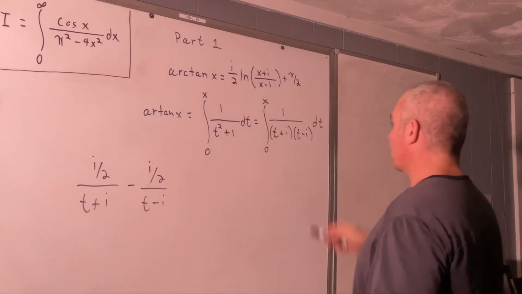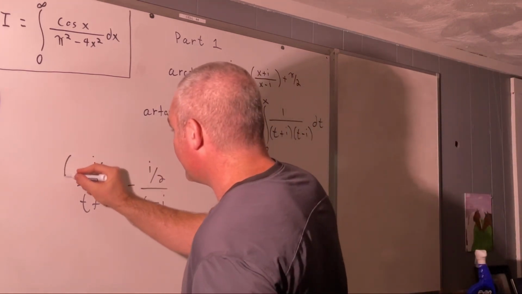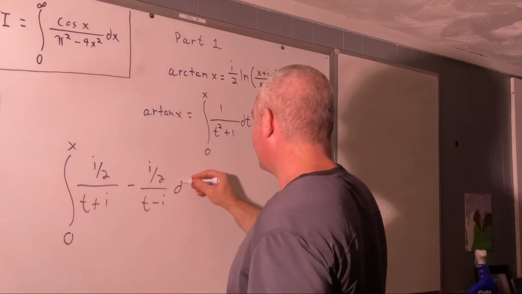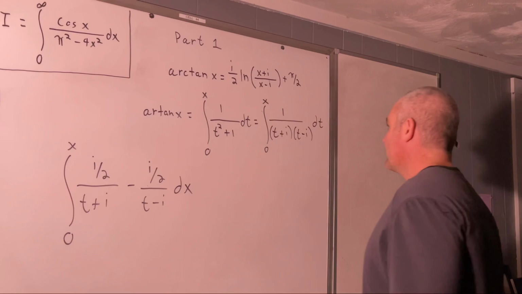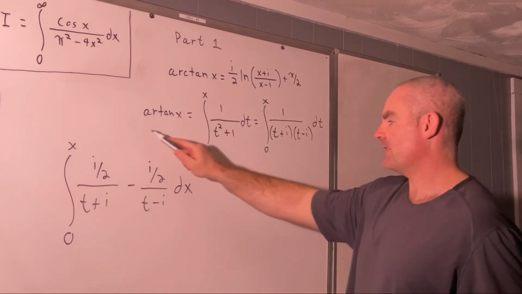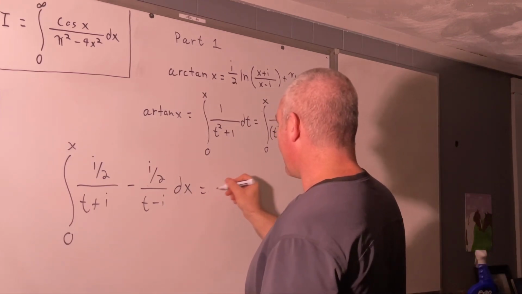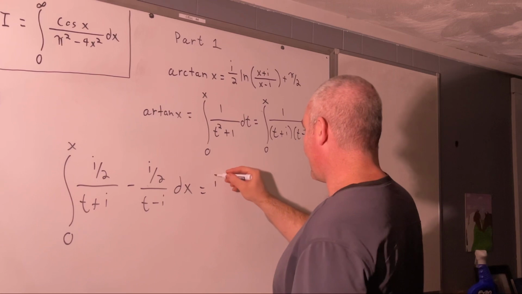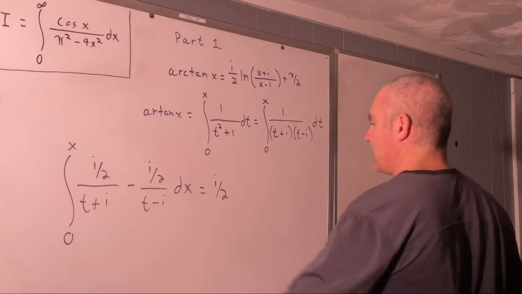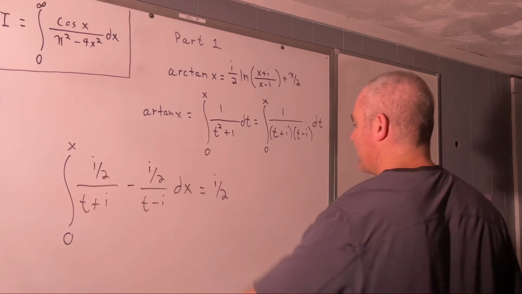Well, if this is equal to this, then let's just integrate from 0 to x. And that should be the same thing as this, which is the same thing as this, which is the same thing as this. So what are we going to get? Well, first of all, of course, we'll factor out an i over 2. And then we'd just be left with the integral of 1 over (t plus i) minus 1 over (t minus i).